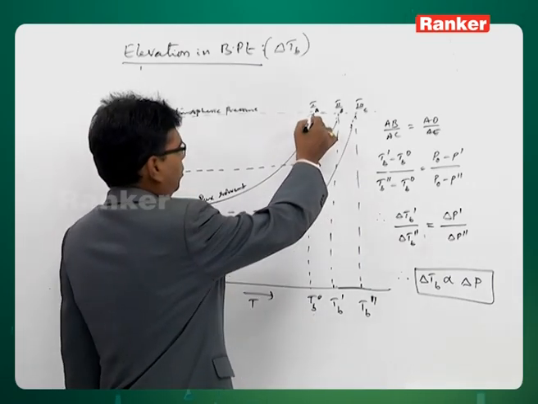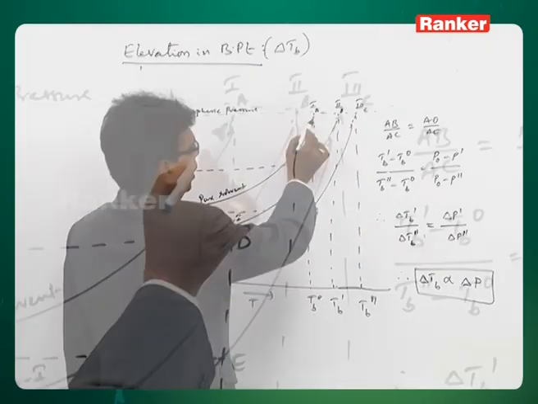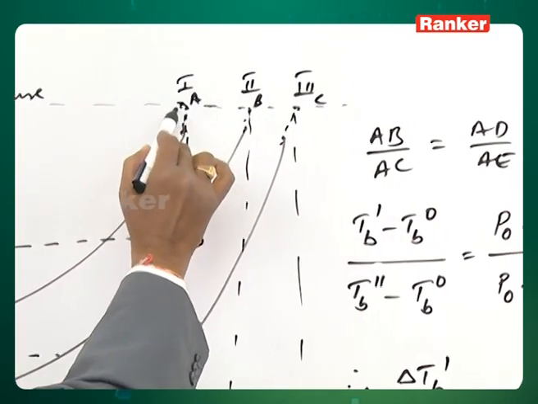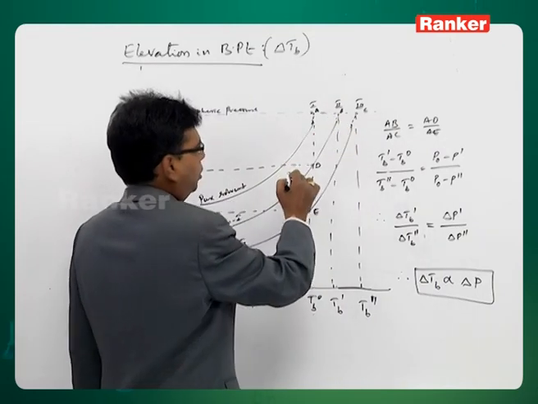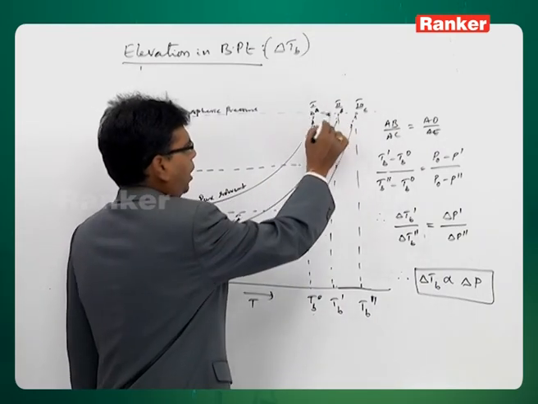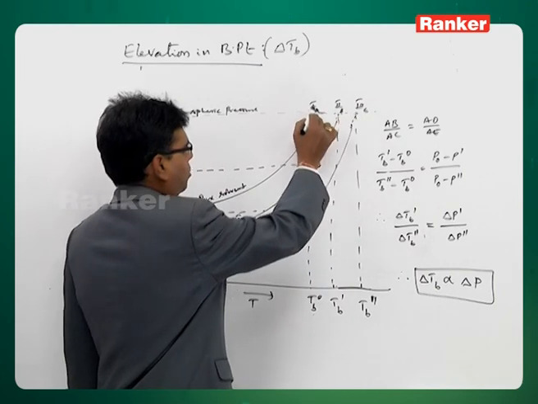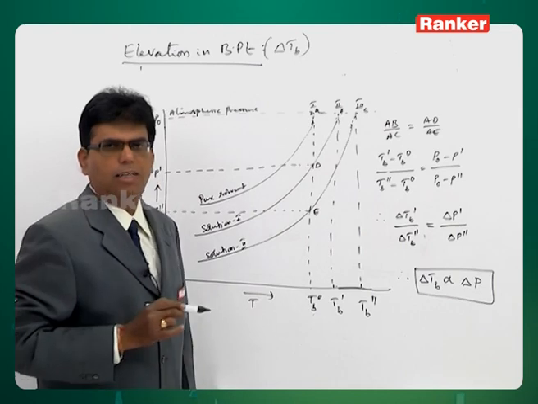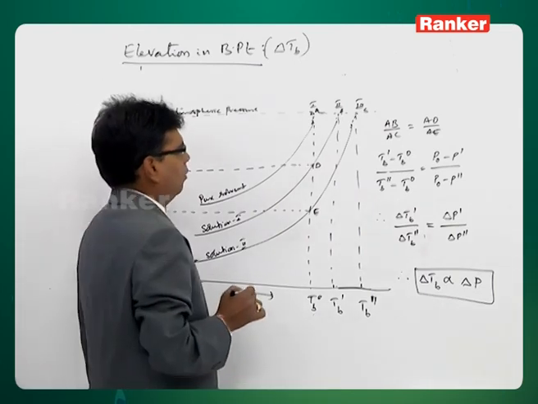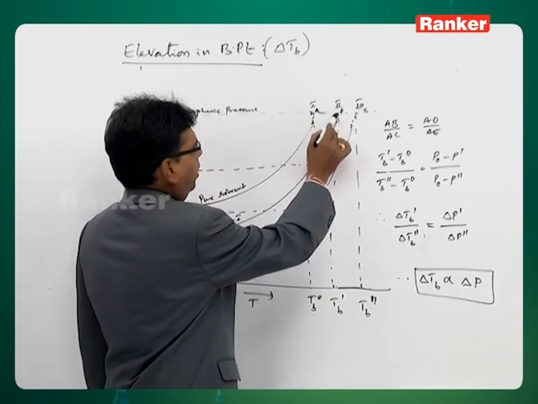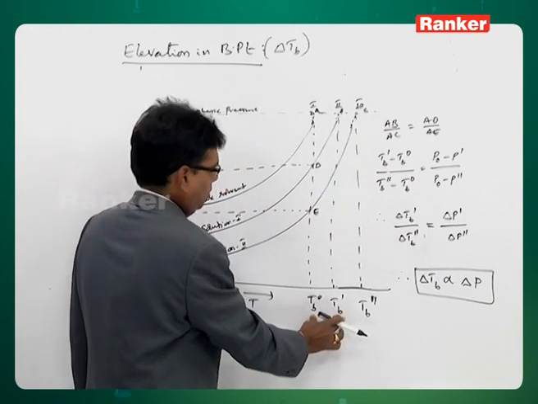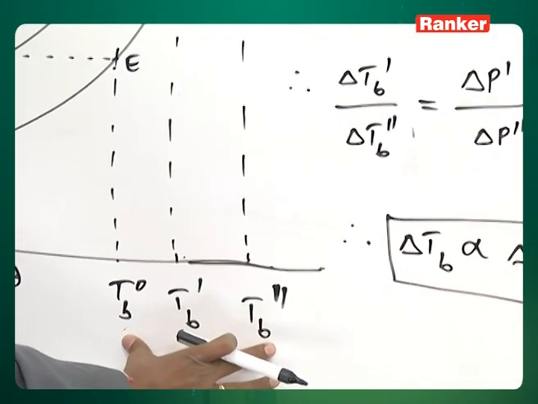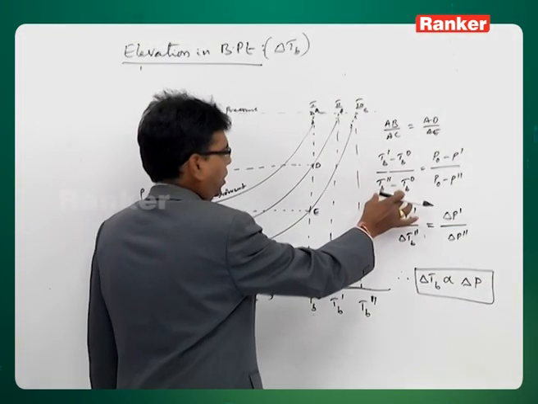From the graph, considering that these will form two identical triangles, the ratio of AB to AC will obviously be equal to AD by AE. Now AB is nothing but TB dash minus TB naught, and AC is TB double dash minus TB naught. That is what we are writing here.